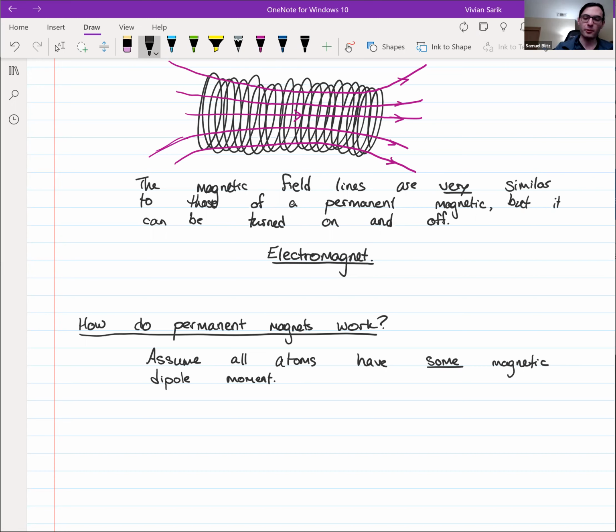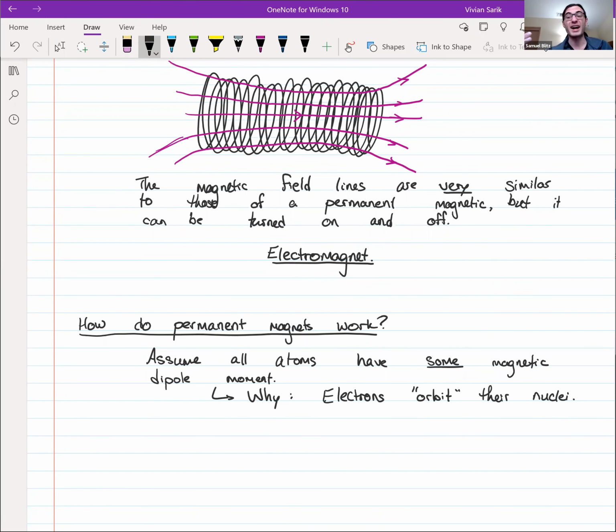And the reason why is that the electrons, quote unquote, orbit their nuclei. And we know that if you have charges moving in a circle, you produce a dipole moment.